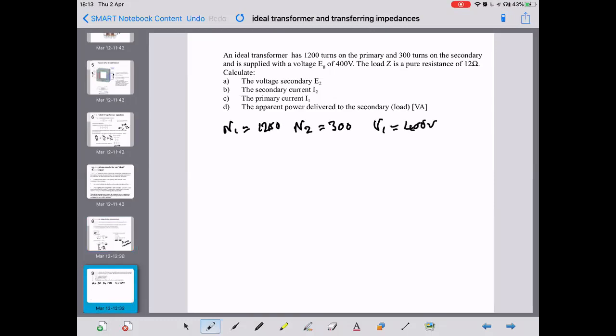And the load is a pure resistance of 12 ohms, so ZL equals 12 ohms. Calculate the secondary voltage E2, the secondary current I2, the primary current I1, and the apparent power in VA delivered to the secondary.